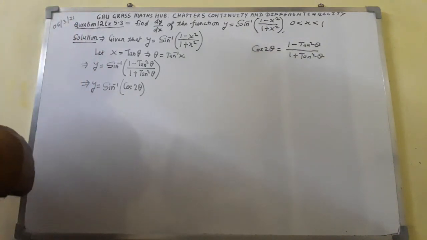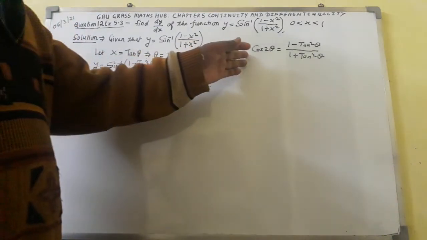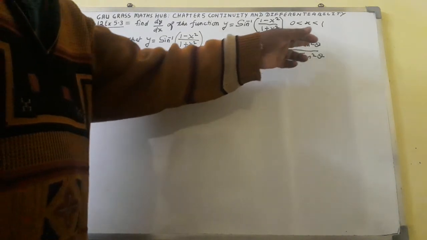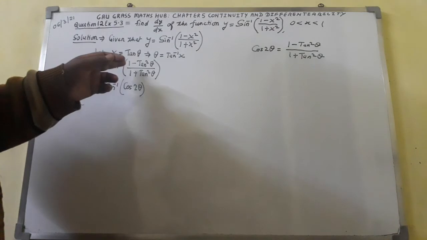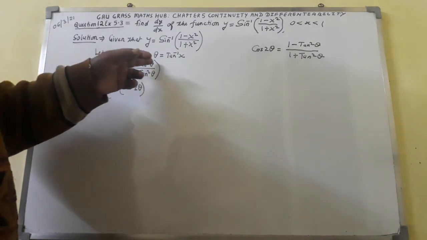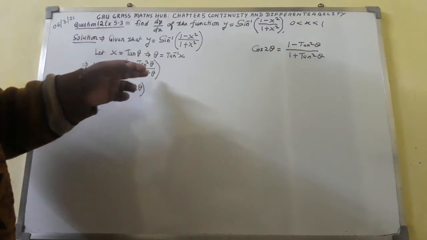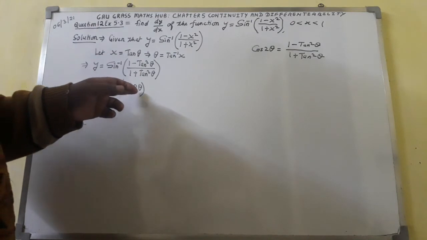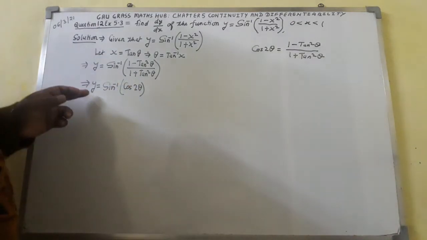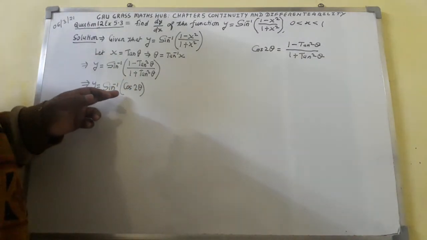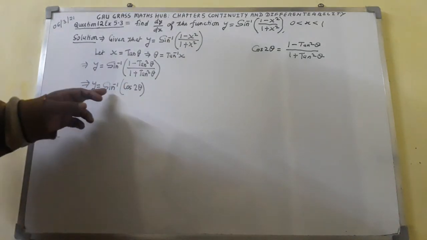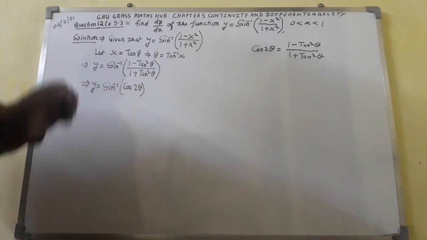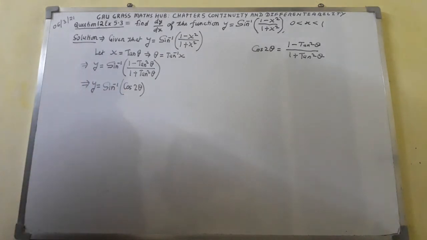Here I have used the formula cos 2 theta equal to 1 minus tan square theta over 1 plus tan square theta. So in place of that expression, I shall write cos 2 theta. So you have got y equal to sine inverse cos 2 theta. Here sine inverse is there, here cos is there, can't be cancelled.